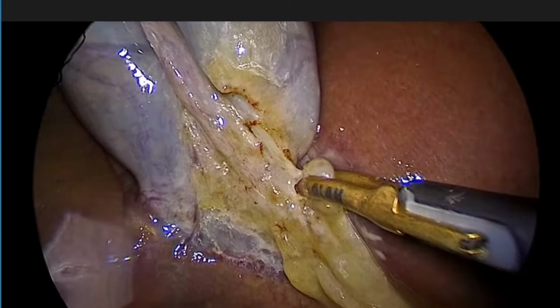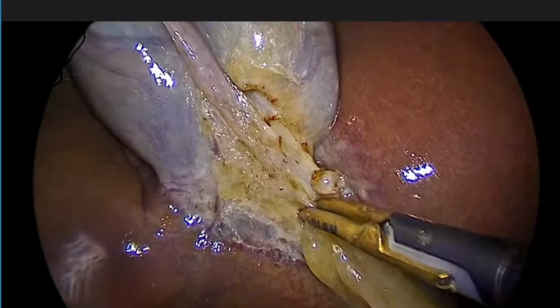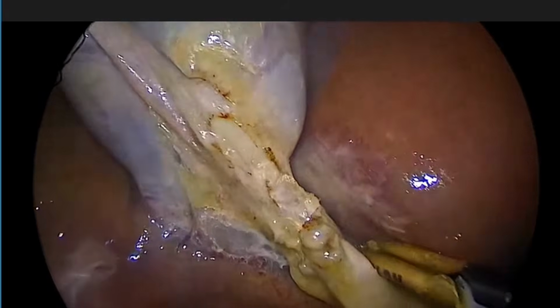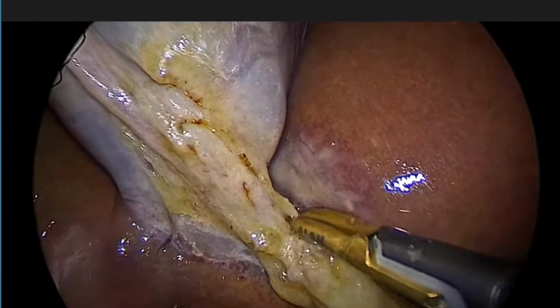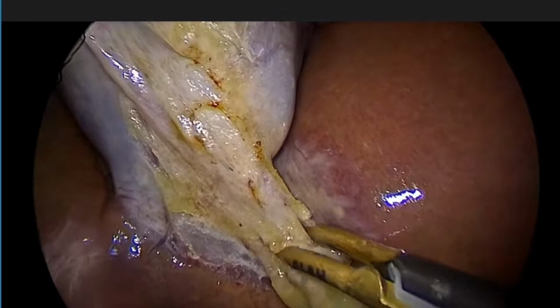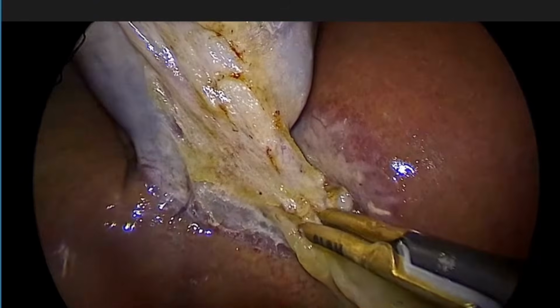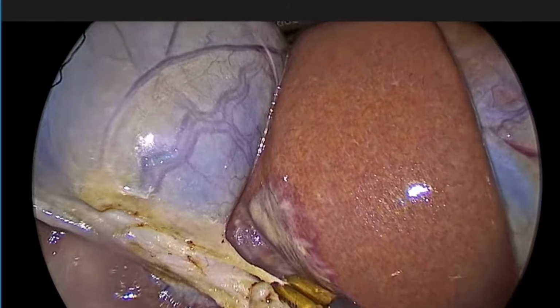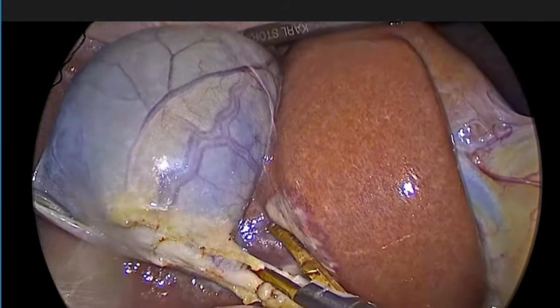The divided end of the divided vessel. And just dissecting. The lymph node along with the divided vessel is falling medially.